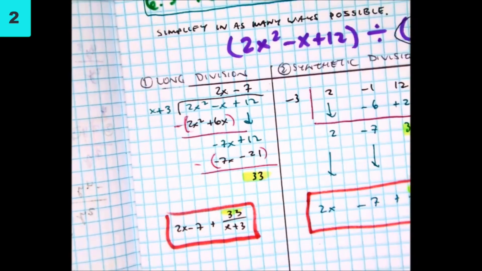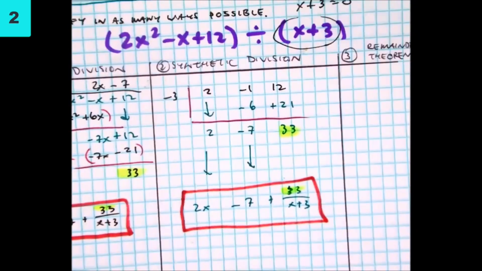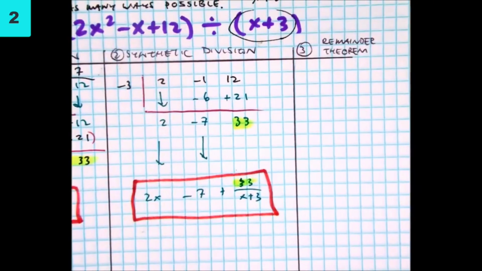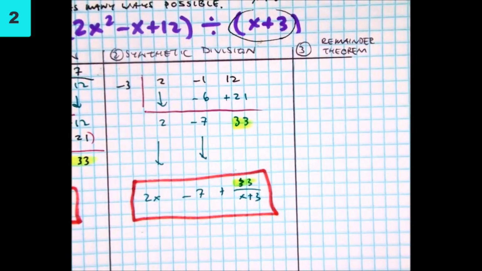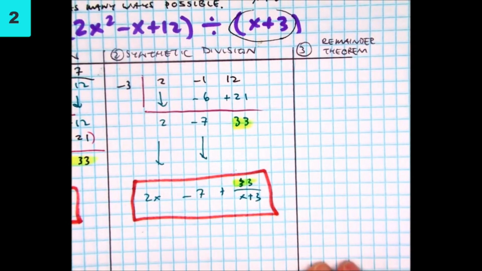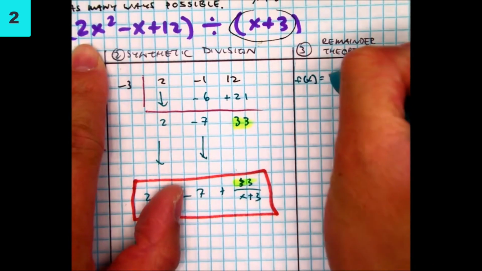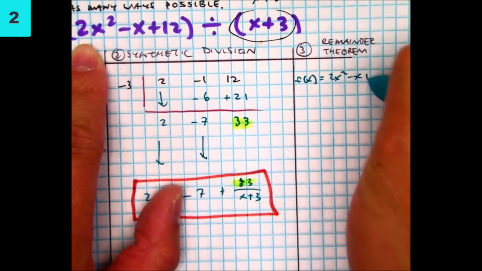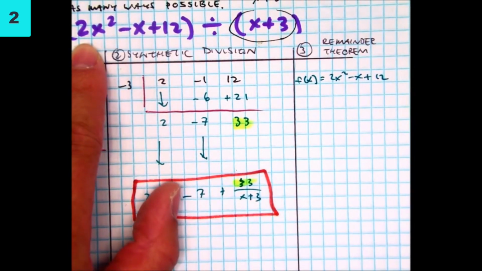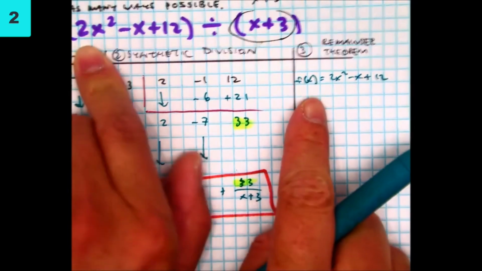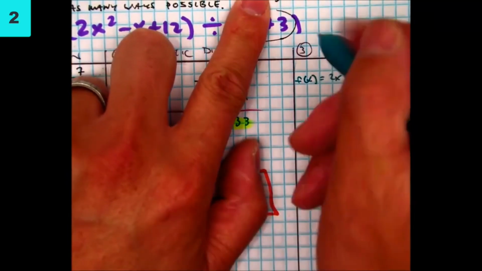This is the new one. They call this the remainder theorem. So the remainder theorem says if I take this polynomial, f of x equals 2x squared minus x plus 12, and for every x value I put in negative 3.